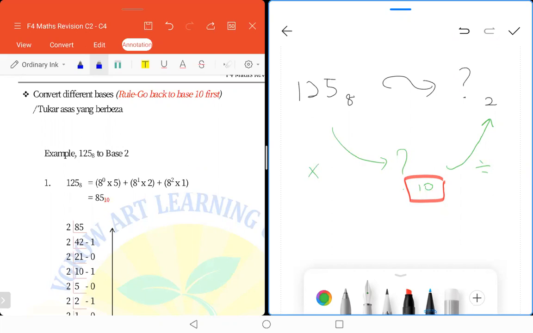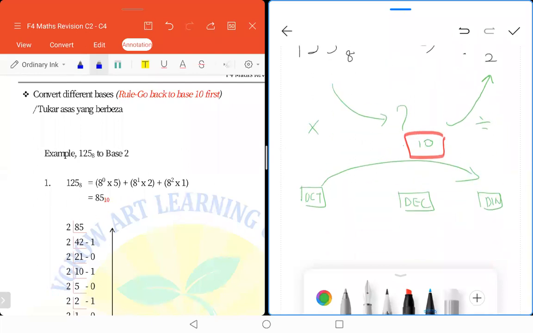But for base 8, 10, and 2, actually you can use the calculator. 8 is OCT, 10 is DEC, right? Then straight away you can get the answer. You can directly convert from base 8 to base 2 with the help of the calculator. But if the questions come out in paper 2, you pretend.